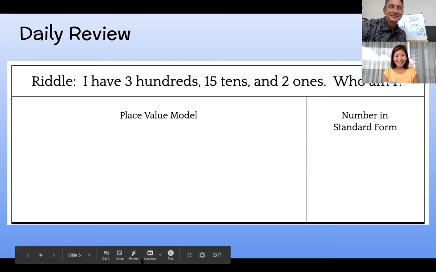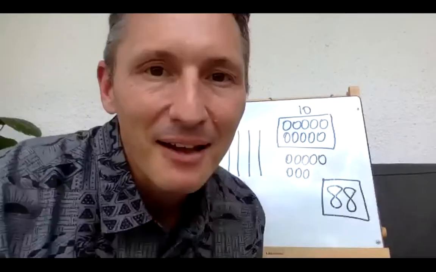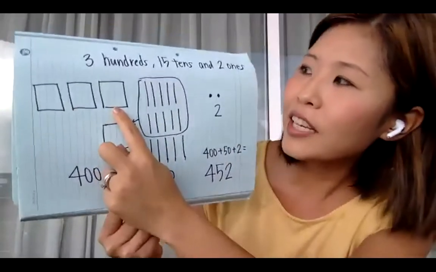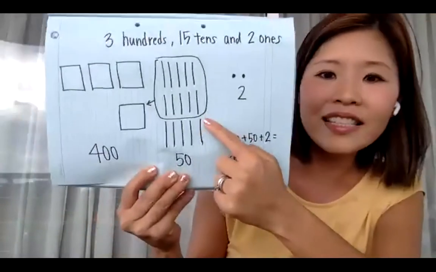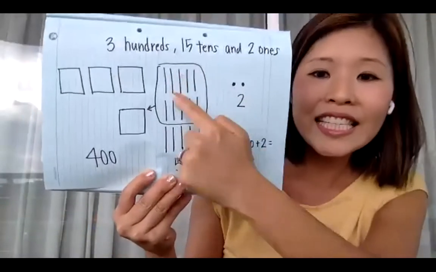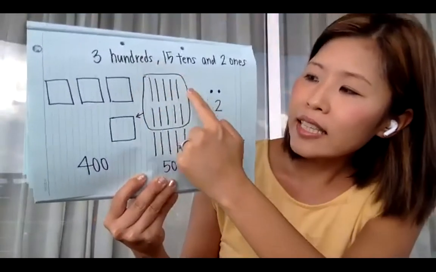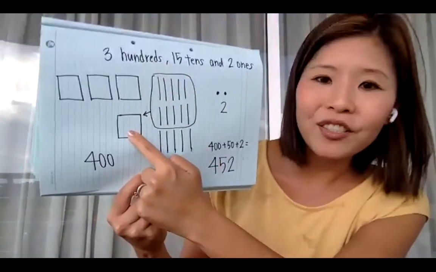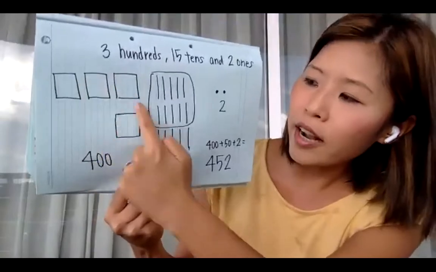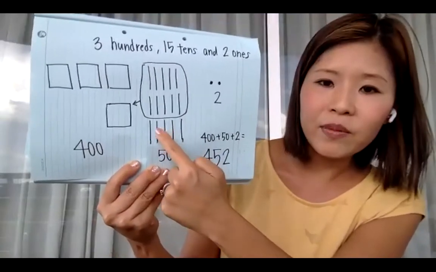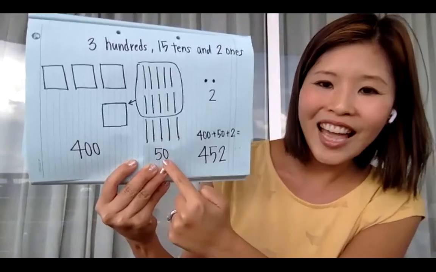Welcome back. This is what I have. Let's compare. Let's see what you have, Miss Yuka. The riddle had 3 hundreds, 15 tens, and 2 ones. I knew that 10 tens make 100, so I now have 400. Then I have my tens here, that was 5 tens, which is 50.